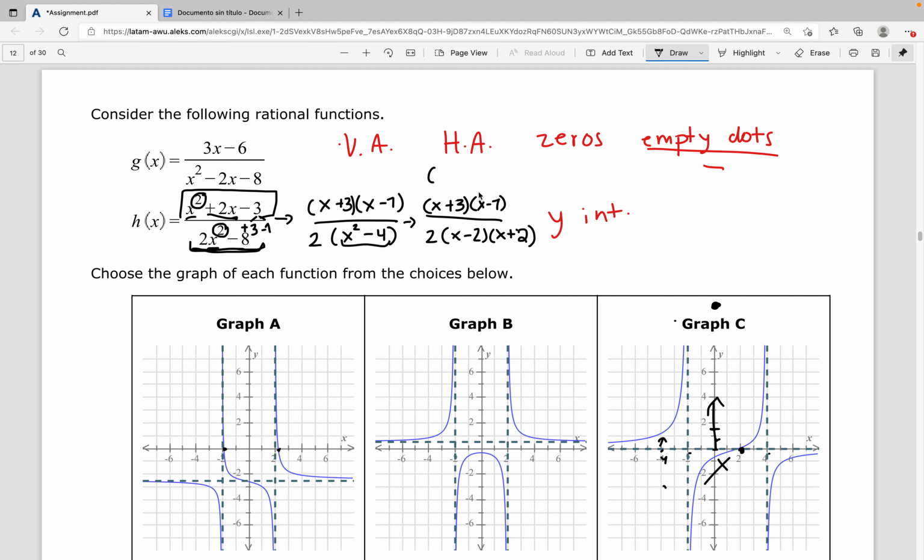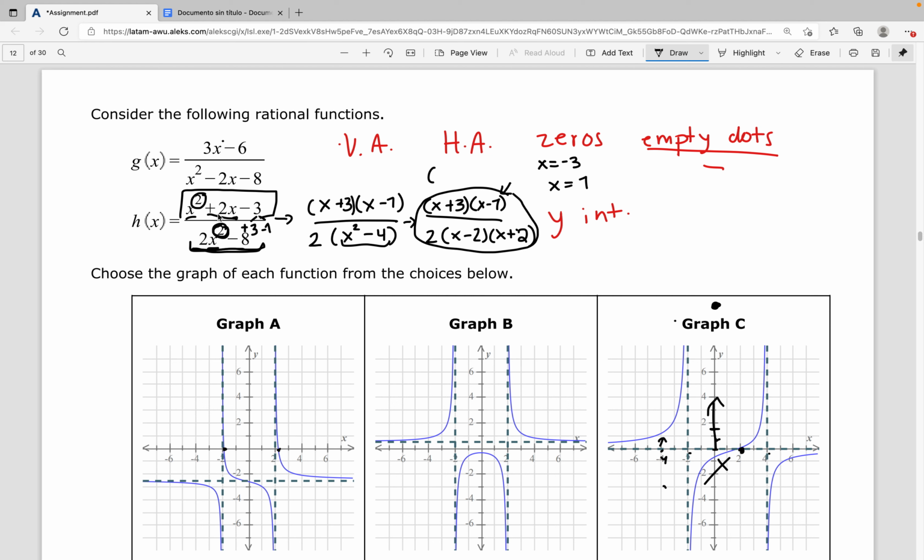0. Okay? So if we go with this function, I can easily get the zeros, which are x at minus 3 and x at 1, right? And in this case, for the horizontal asymptote, we're gonna look at the original one because we didn't eliminate anything, so it stays the same.